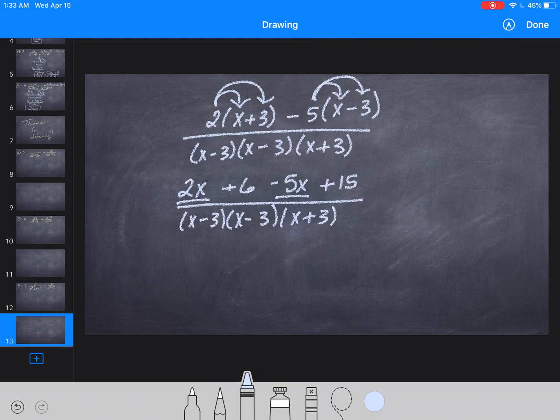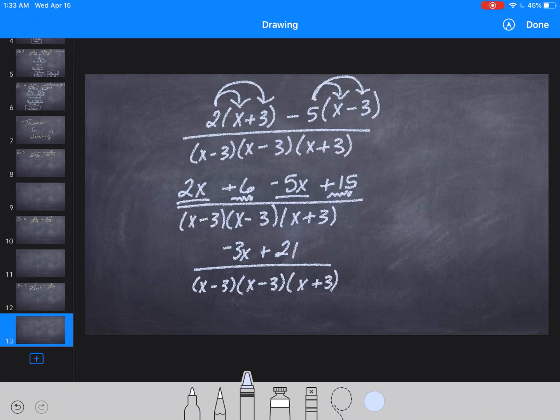Now I'm going to combine like terms. I can combine my 2x and my negative 5x. I get a negative 3x. And then I can combine my positive 6 and my positive 15. I get a positive 21. All over x minus 3, x minus 3, x plus 3.